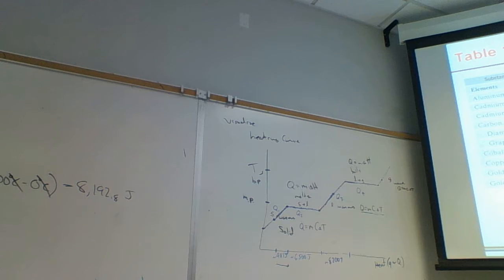And so Q4 is, well, it's a phase change, so it's equal to the amount. For us, it's mass times delta H. So 19.6 grams, it doesn't change. We're not losing any or gaining any. 19.6 grams. And then delta H. This delta H is, what's it called? Delta H vaporization.